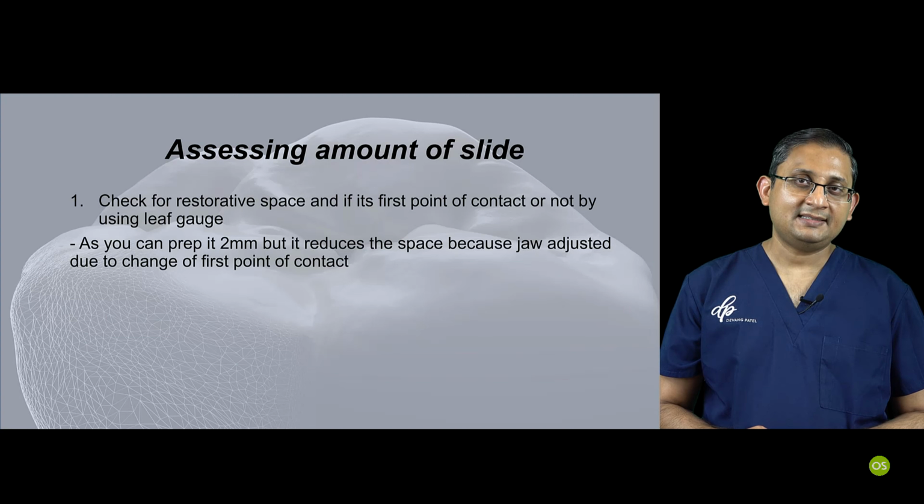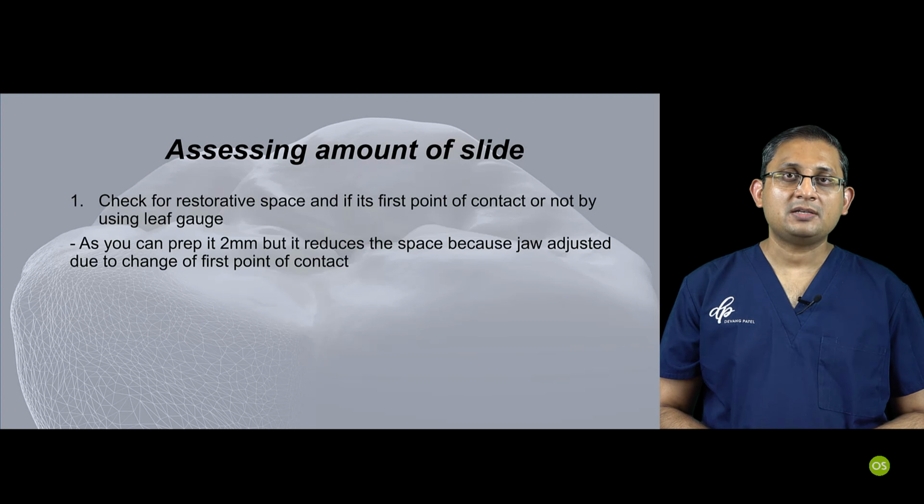So you need to really assess the slide before you start preparing that tooth, in order to assess how much reduction you will have to make and warn the patient of the consequences.